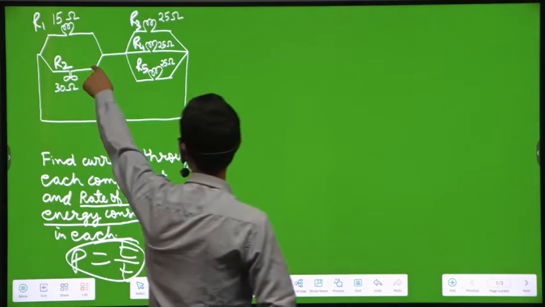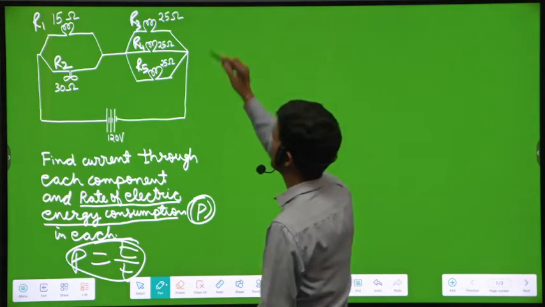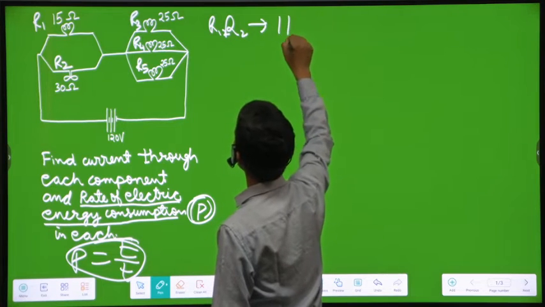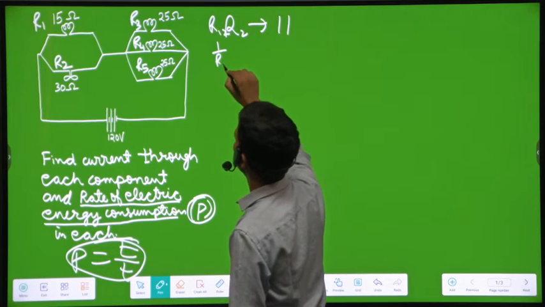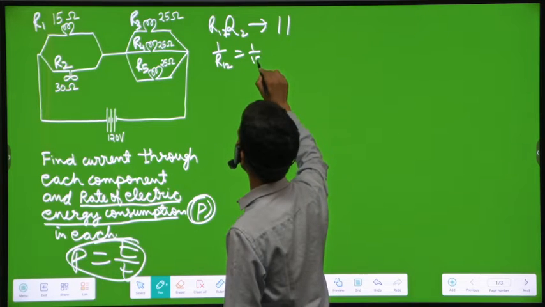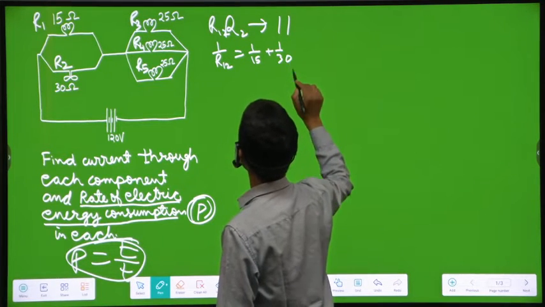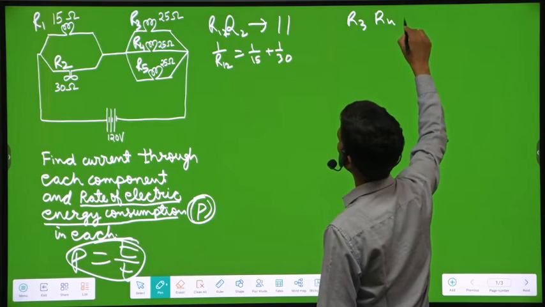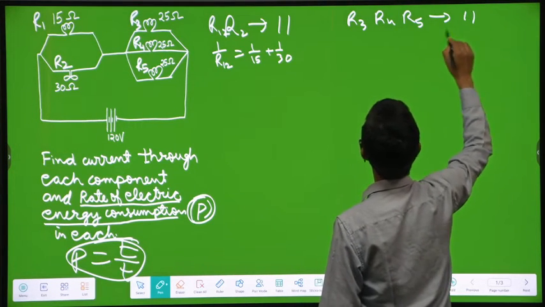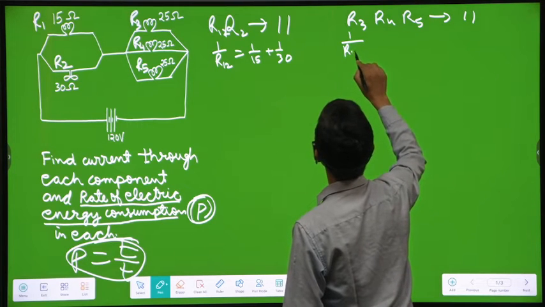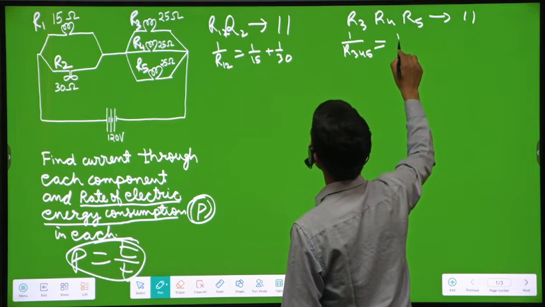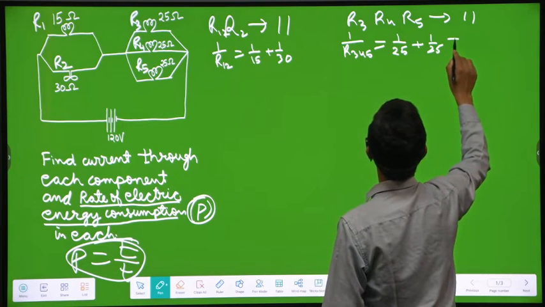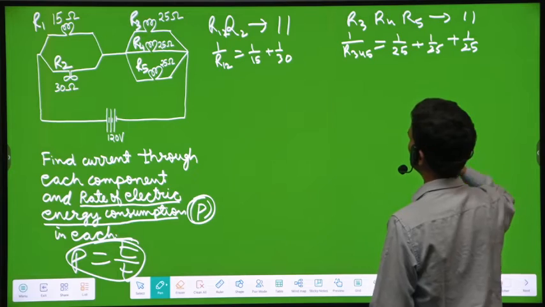Now we know R1 and R2 are in parallel combination, so 1 upon R12 is equal to 1 upon 15 plus 1 upon 30. In the same way, R3, R4 and R5 are also in parallel, so 1 upon R345 is equal to 1 upon 25 plus 1 upon 25 plus 1 upon 25.